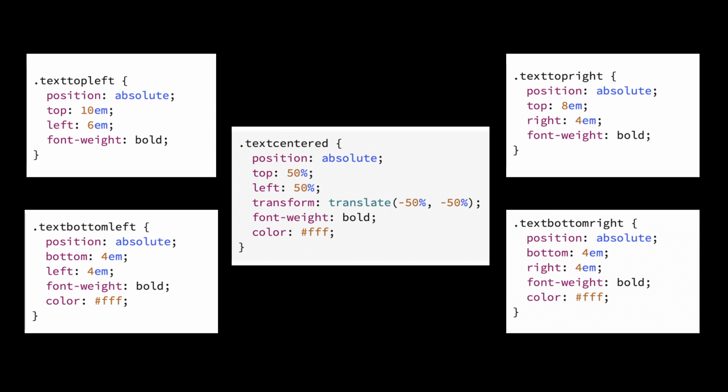So in order to truly center it, we use the transform property to translate its position further 50% of the object's width and height.